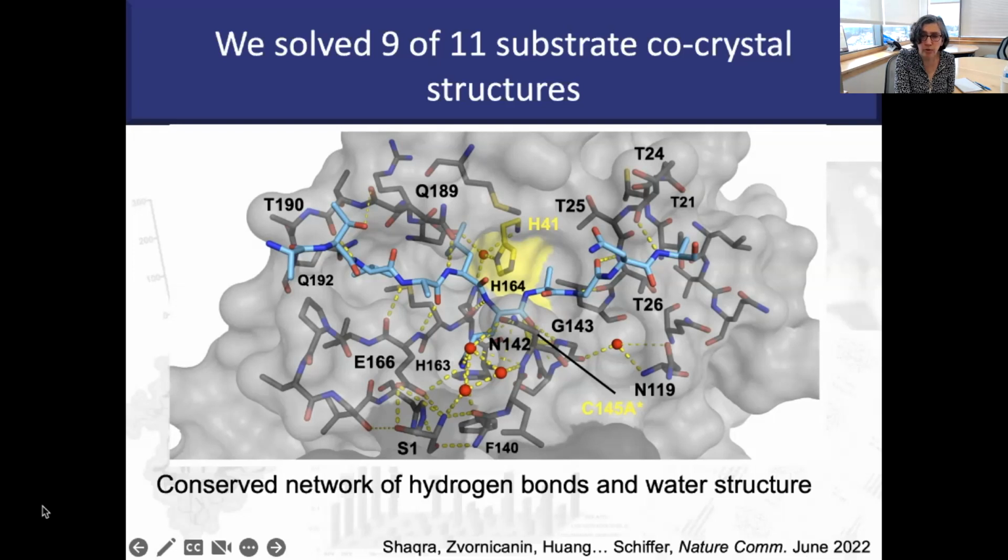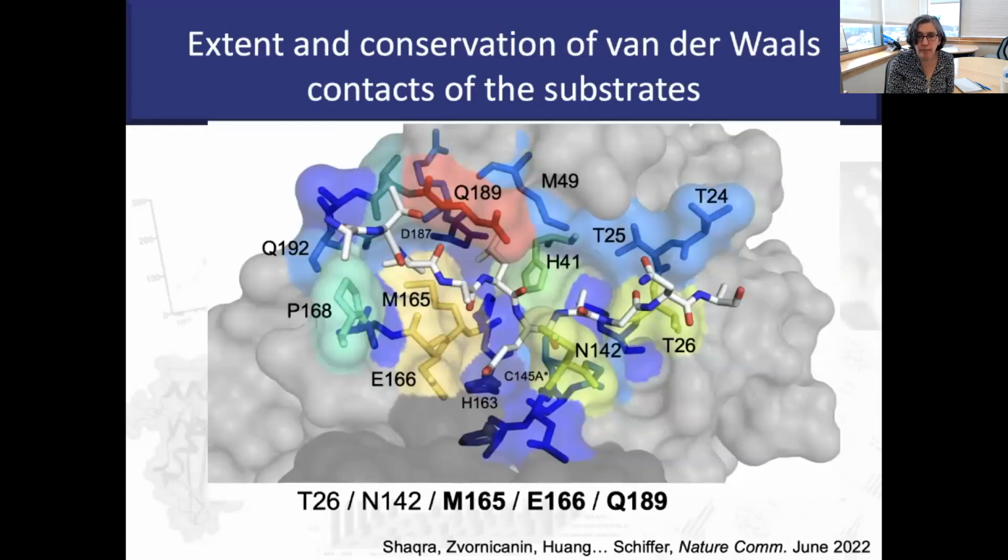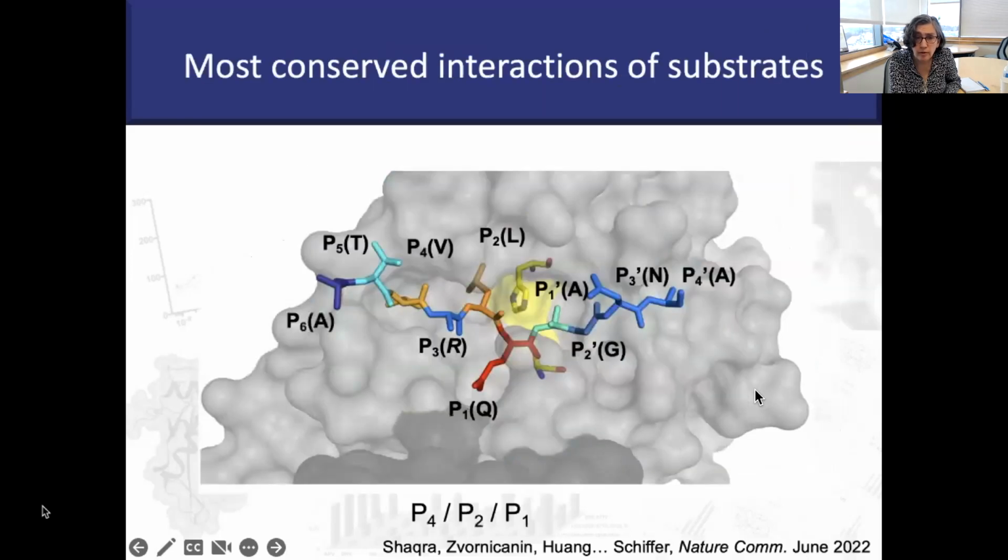And so what we often do is map the van der Waals interactions, and this is the mapping of the extent and the conservation of van der Waals contacts with the different substrates. So the most extensive interactions were with Q189, but there was also substantial interactions with M165 and E166 between the different substrate structures that we saw.